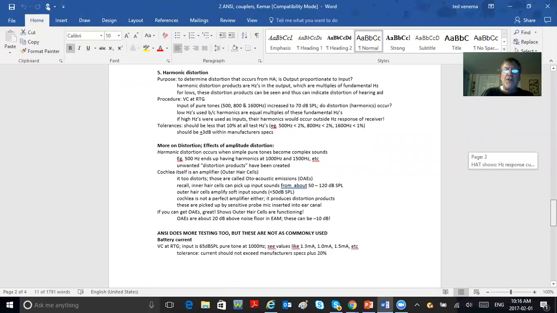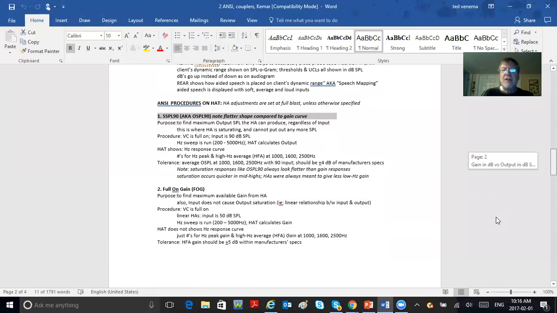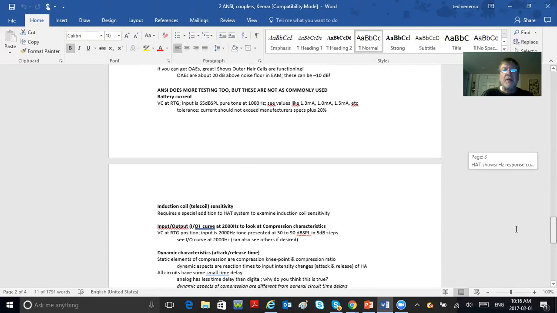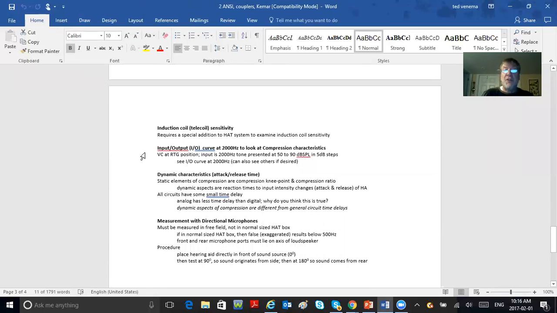Now, ANSI also tests the battery current drain on a hearing aid. ANSI also tests the telecoil on a hearing aid. ANSI also looks at the compression on a hearing aid. It tests the attack and release time of the compression on a hearing aid.